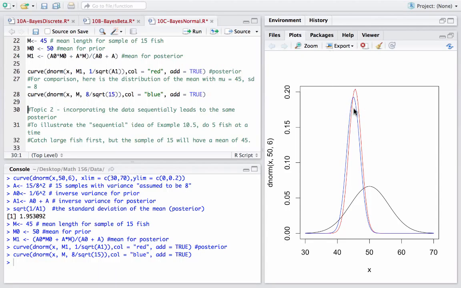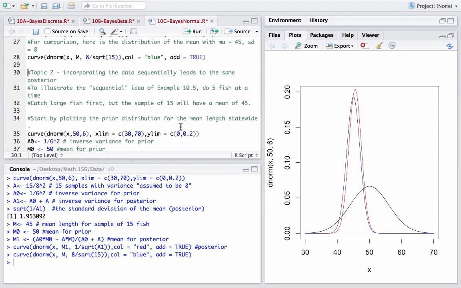This is how our data were distributed, and there's 15 samples from this distribution, and so the result gives us this posterior, which, as the book points out, is swamped by the data, meaning most of the information here comes from the data, but you can see it is pulled a little bit to the right by the presence of the prior, and it's also tighter. So the variance is reduced well down from the prior, but also down from the data. So we have achieved a better estimate than either of the two alone.